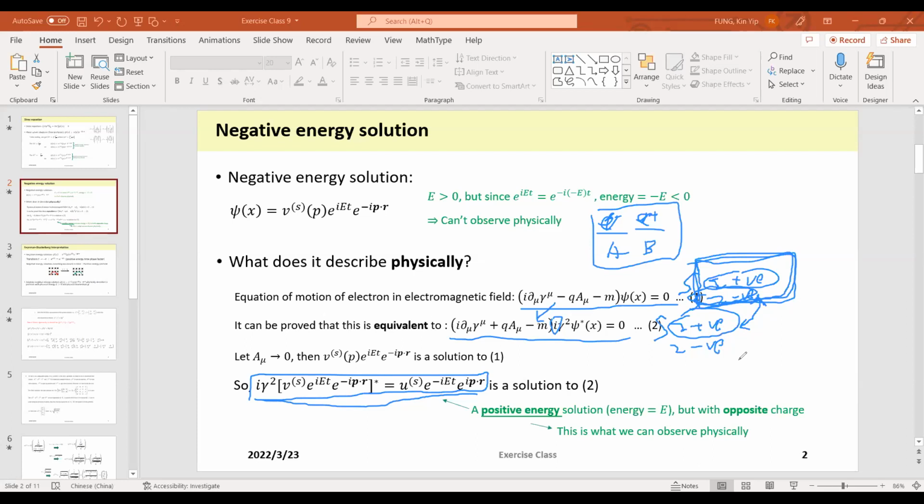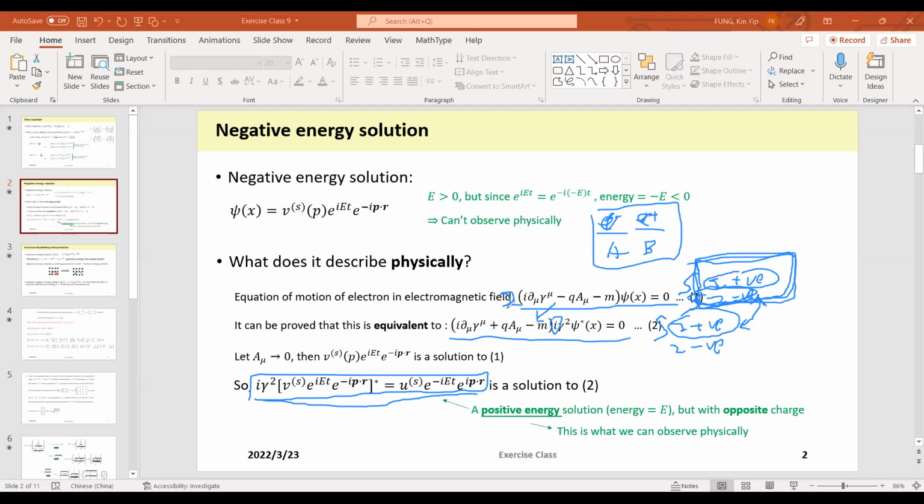Actually, I have another question. When you say the two equations are equivalent, what does it even mean by equivalent? Mathematically equivalent, yeah, but if you multiply by 2 here, then they are also equivalent. What do you mean?